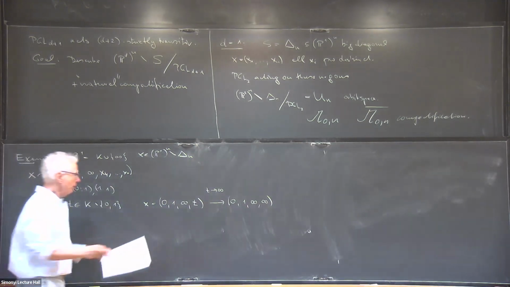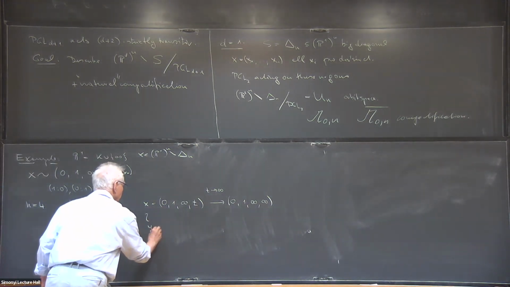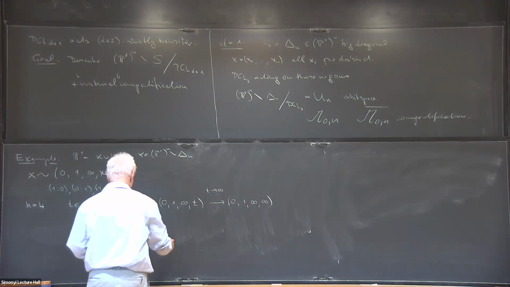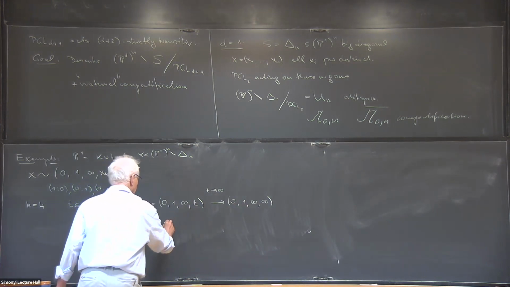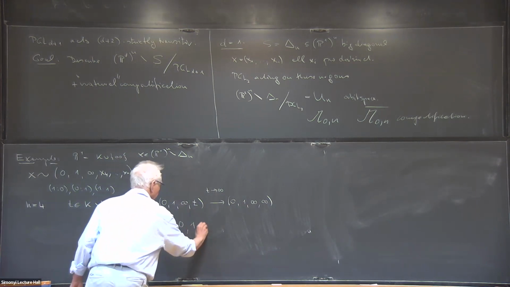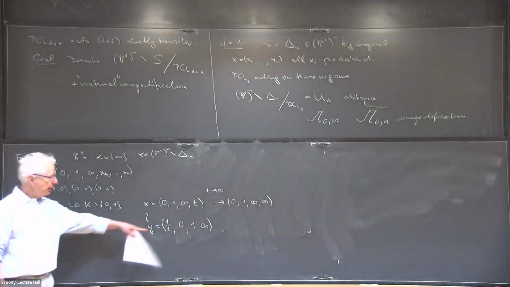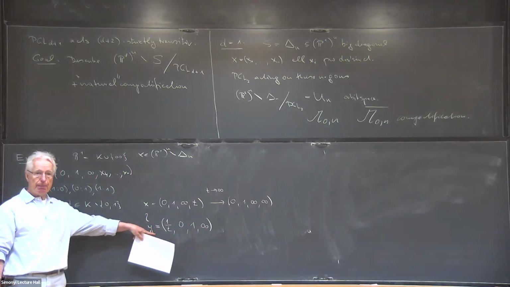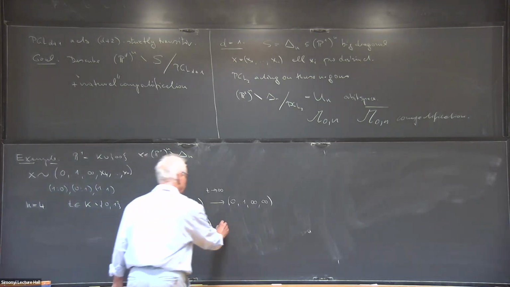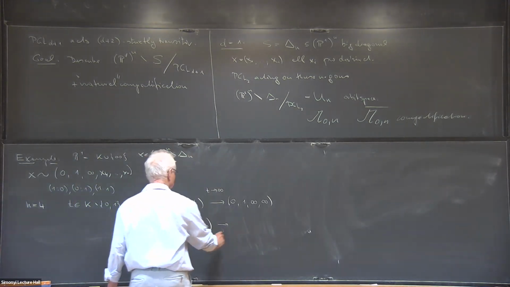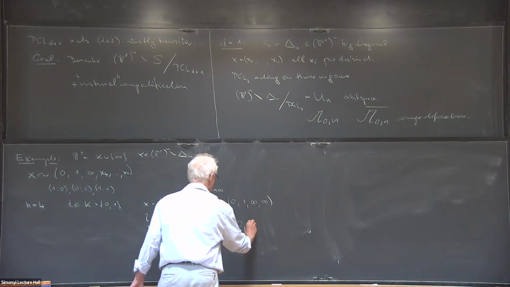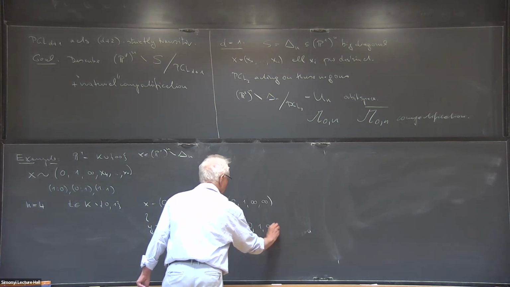So this one is equivalent to y. If we write it like this, I have to take care. If we bring the 3 special points to the last 3 coordinates, we get a 1 over t here. And now if we take the limit, we get something different. We get 0, 0, 1, infinity.